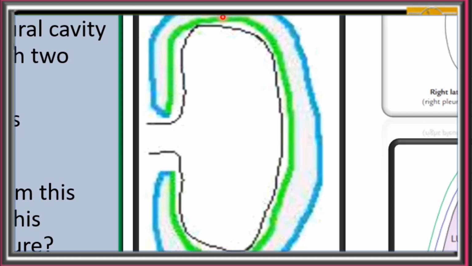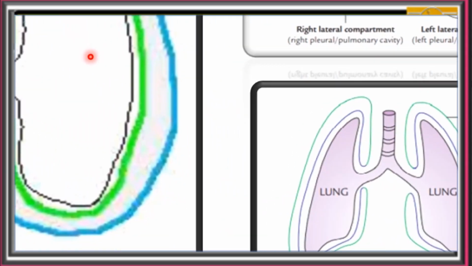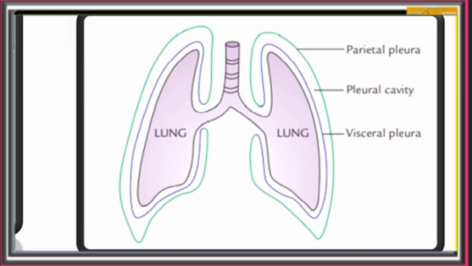That's a narrow space we have here with two layers, double layer, surrounding the lung structure that we have here. This other view will also help us appreciate. So this is the pleural cavity, and then these are the lungs that are enclosed by the pleural cavity.